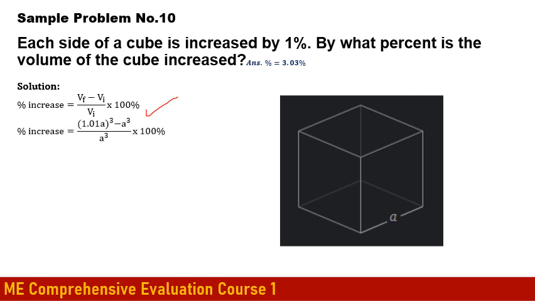So we substitute the final volume, which is 101% of the original, a cubed, and the initial, which is a cubed, then divide by the initial a cubed. We can cancel out a cubed to get the percent increase. So the percent increase in this case is 3.03%.